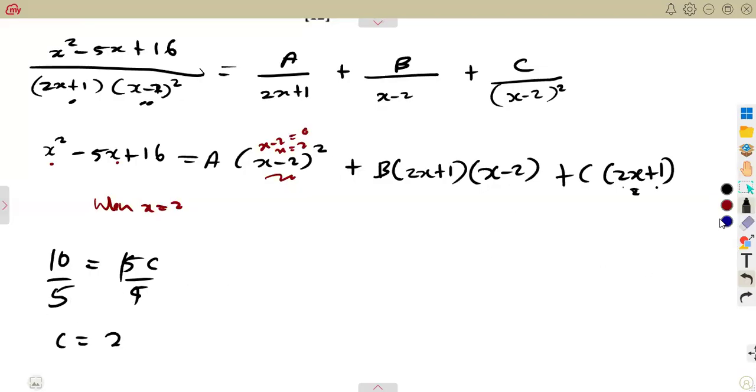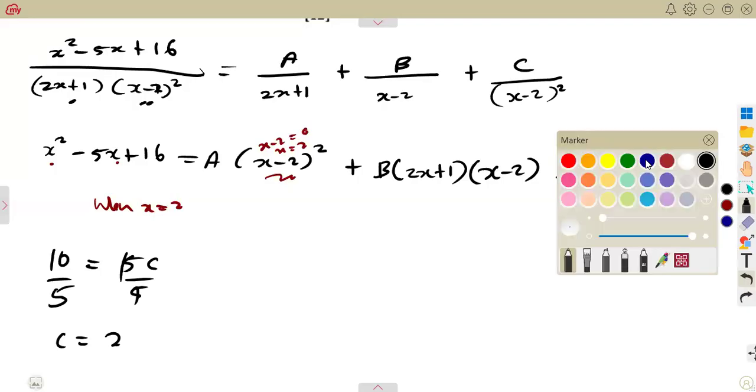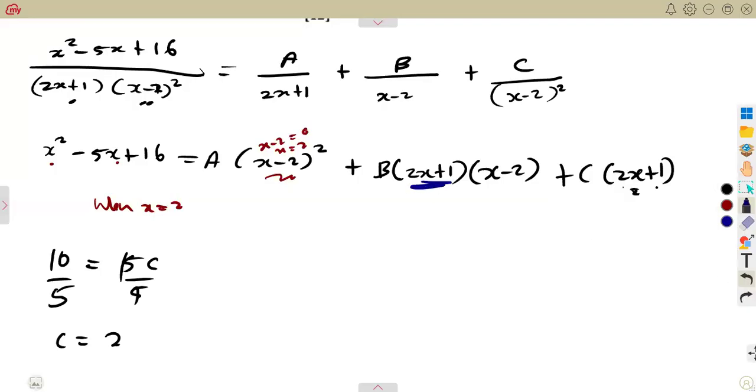All right, so we can also work with the other linear bracket, 2x plus 1. If 2x plus 1 is equal to 0, if you solve, x is going to be minus half. So when x is equal to minus half, every bracket of 2x plus 1 is a 0. So that's a 0 there, that's a 0 there. You substitute minus half on the left-hand side, and that is going to be 75 over 4.